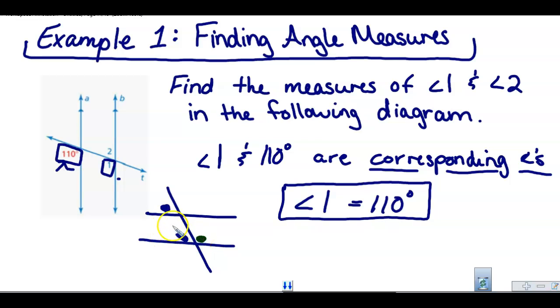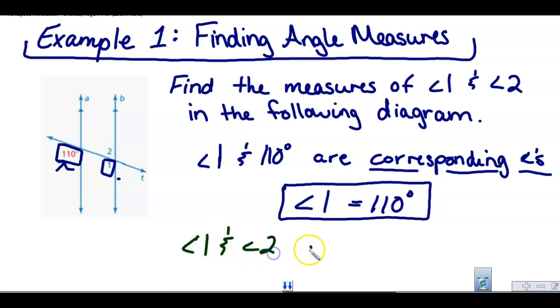There's several different ways you could do this, but the short gist of it is we already know that angle 1 is 110 degrees. And if we use our prior knowledge, we can see that angle 1 and angle 2 form supplementary angles. Angle 1 and angle 2 are supplementary.